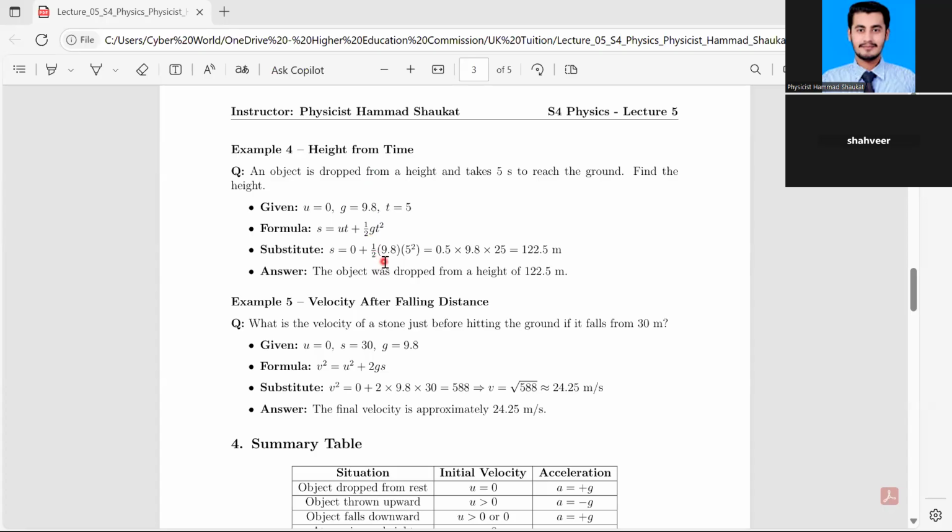So do you use plus 9.8 or negative 9.8? Plus. Yes, plus. That's why I use plus 9.8 here, and time square. Just substitute your values and you will get your answer, which is 122.5 meters.